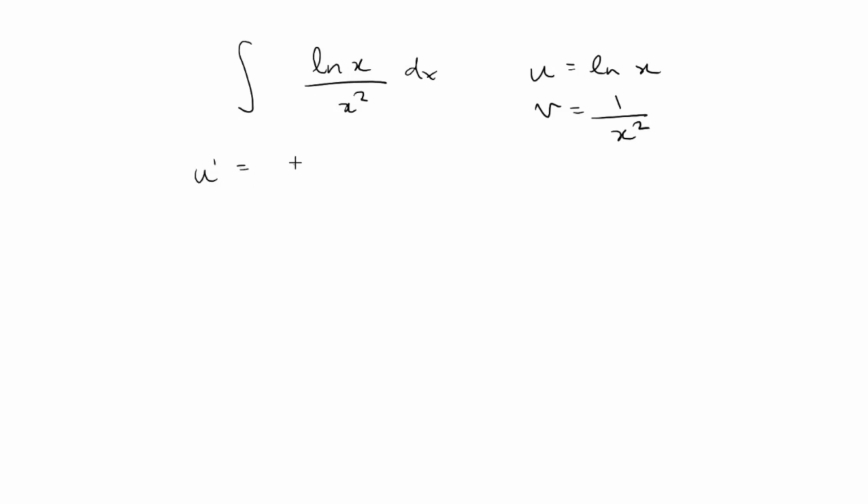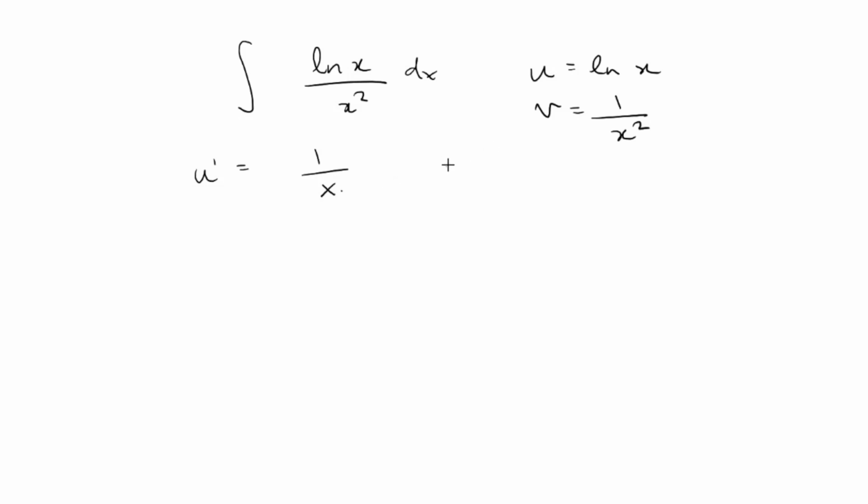So let's say we've got something like the integral of ln x over x squared with respect to x. So I'm going to choose u as ln x, and I'm going to choose v as 1 over x squared. So straight away we know that u prime is 1 on x.